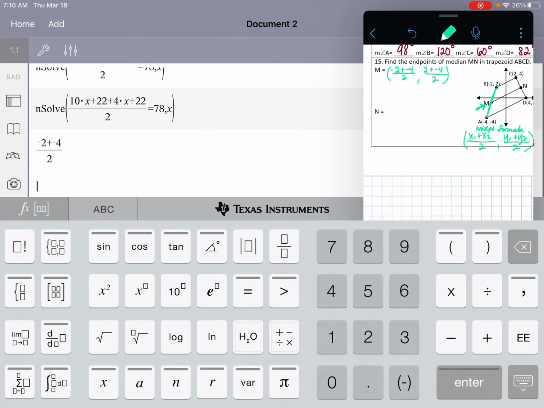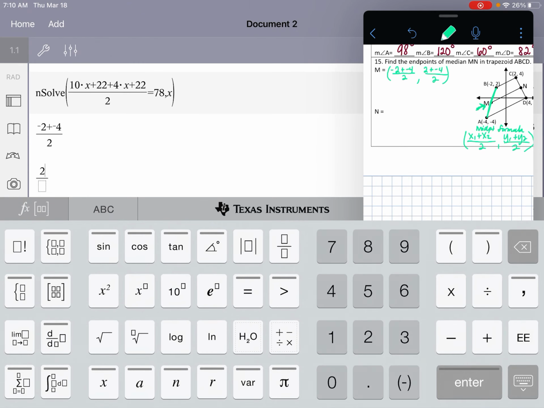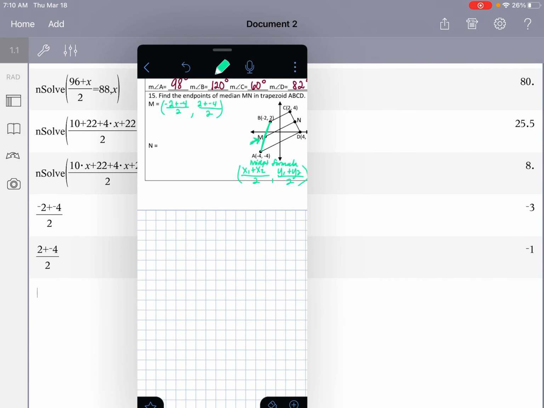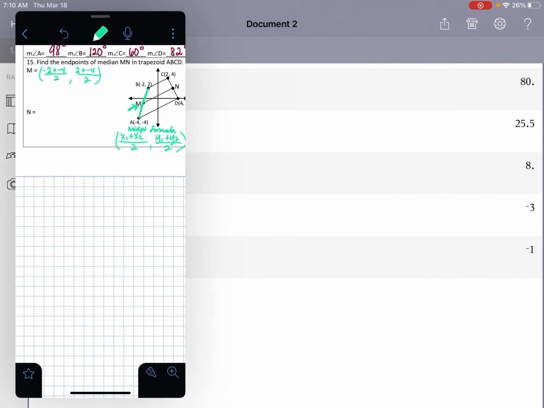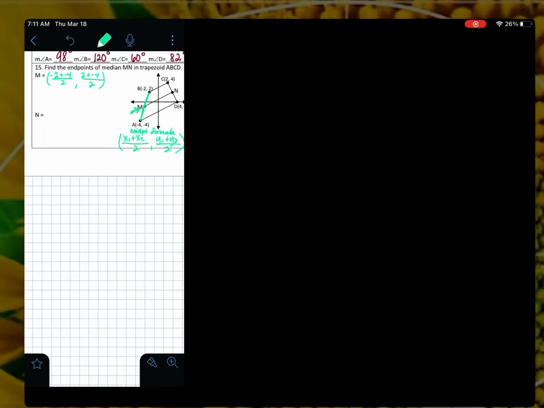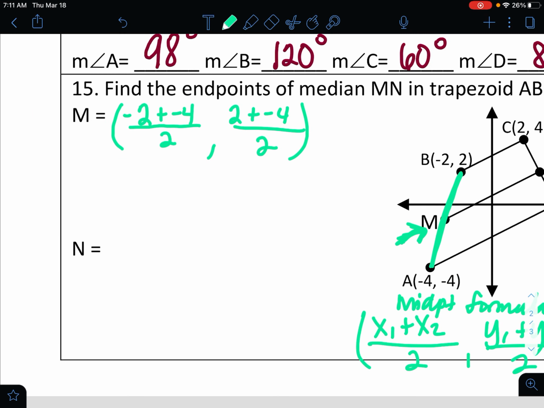And I'm going to do the second one separately. 2 plus -4 over 2. Hit enter, and then we see that. Okay? So we have -3, -1. So that'll be -3, -1.